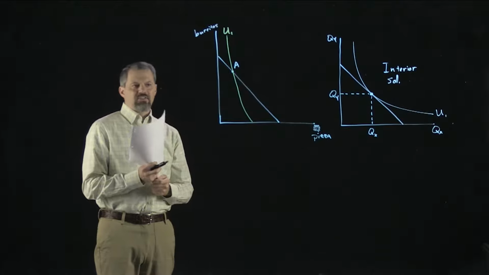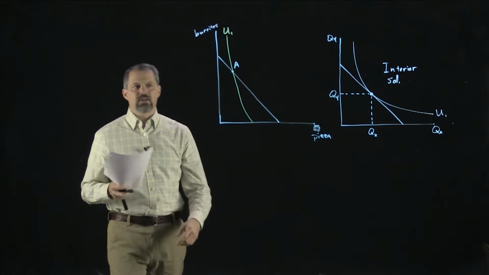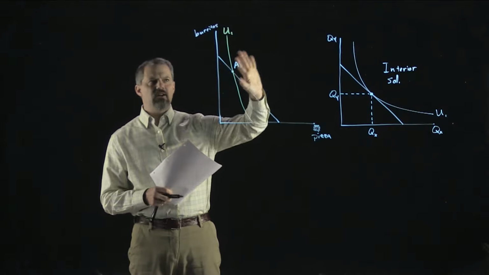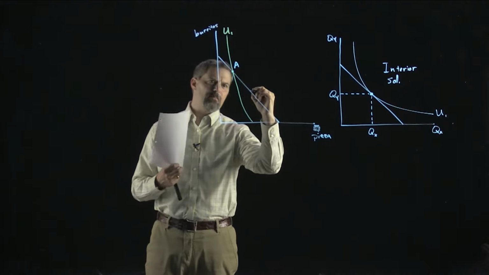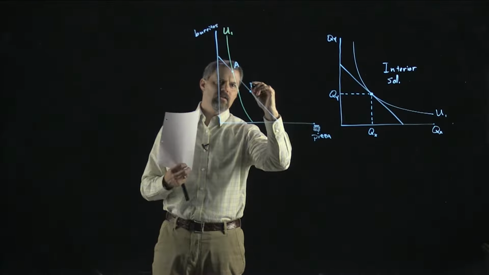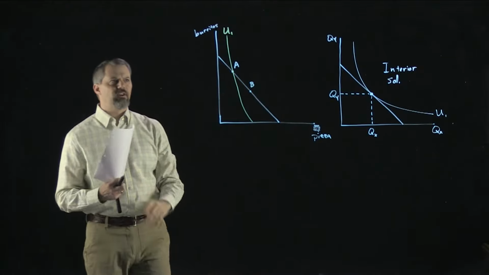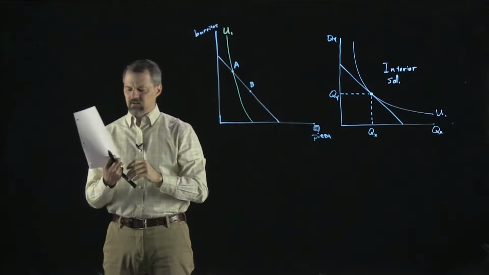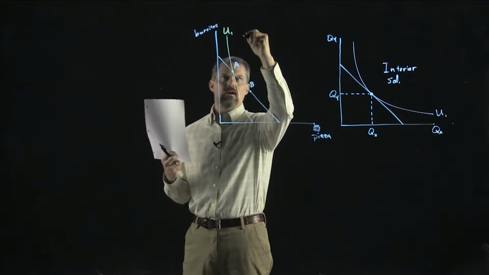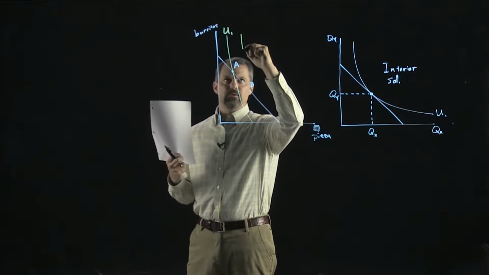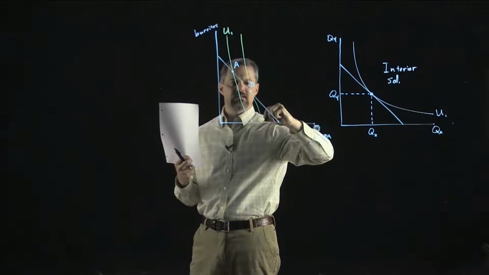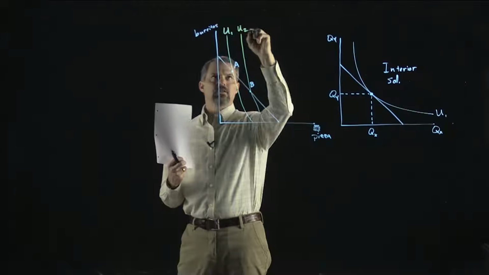Well, we know that the consumer would never choose U1 because there are bundles that are affordable out here that would be on a higher indifference curve. So we can think about a bundle like bundle B. Bundle B would be preferred to any bundle on this indifference curve. It would be on a higher indifference curve. And if we draw the indifference curve through bundle B, let's suppose that it looks something like this. Indifference curve U2.